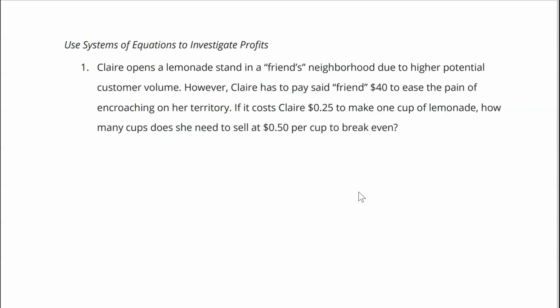To begin, we will first define our variable. Our x here is equal to the number of cups of lemonade, because the question asks how many cups she needs to sell to break even. So let x be the number of cups.